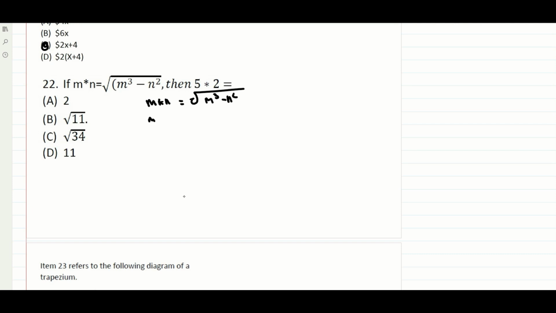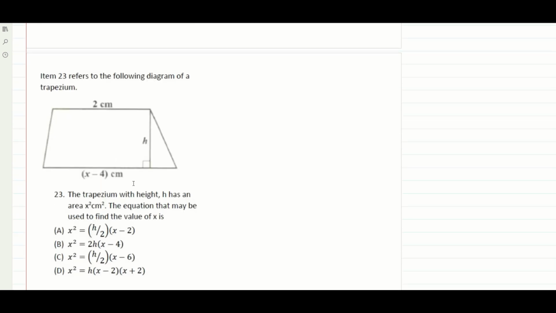So m is equal to 5, n is equal to 2, so that would be the square root of 5 cubed minus 2 squared, which is equal to... 5 cubed is 5 by 5 is 25, 25 by 5 is 125, 125 minus 2 twos are 4, which is equal to the square root of 121, which is 11. So my answer is in fact D, 11.